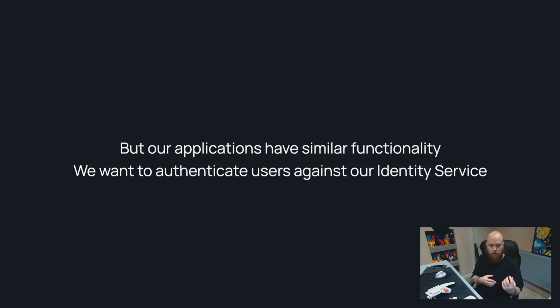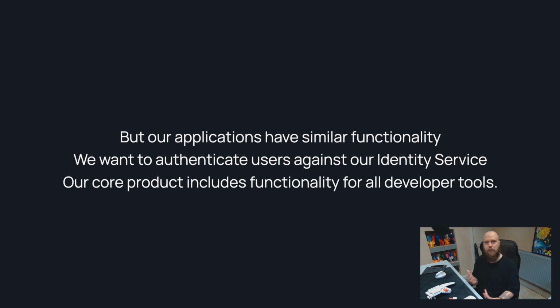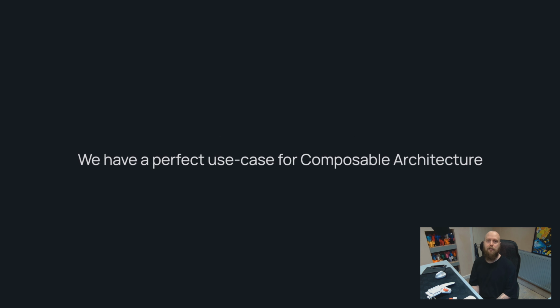And our core product includes functionality that are in these developer tools. So you can use API insights on its own, and it's fantastic. You can get that instant feedback on your OpenAPI specification. Don't need anything else. But you're using Treble already, so that functionality needs to be in there so that people don't have to go from this app to that app to do the same thing. So composable architecture in this situation, we've got a perfect use case.